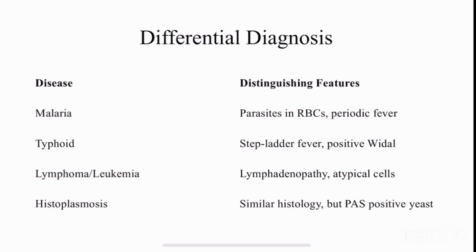Again, there will be parasites in the RBC, seen on peripheral smear. Typhoid will have the step ladder pattern and a positive Widal test. For lymphoma and leukemia, there will be lymphadenopathy, and atypical cells will be seen, like the Reed-Sternberg cell. And for histoplasma, similar histology, but PAS positive yeast will be there.